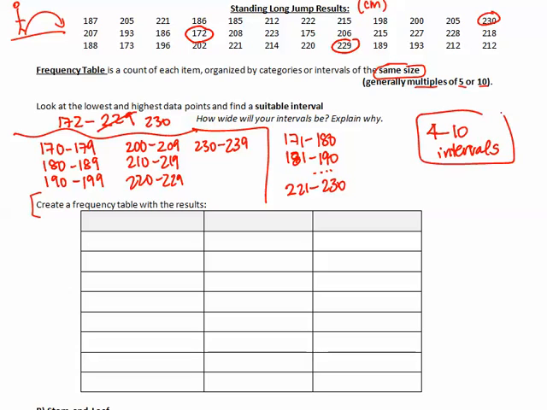That's a good number for comparison. If I were to use intervals of 5, I would have double the amount of intervals, 14 intervals. That would be okay if I had a lot of data, but the data we're given in grade 7 won't be enough to support 14 intervals. So having between 4 and 10 intervals is best.